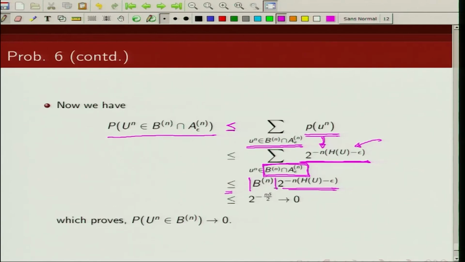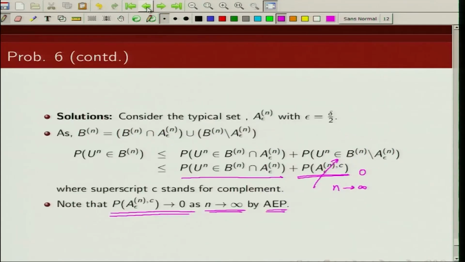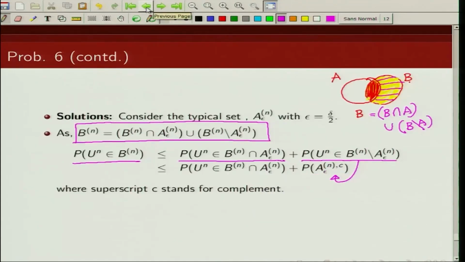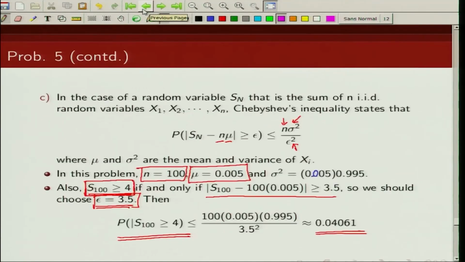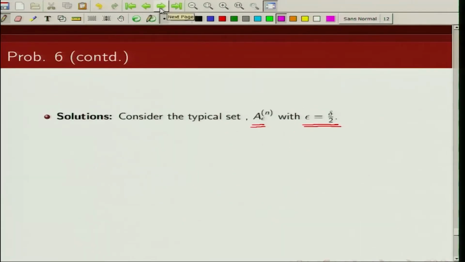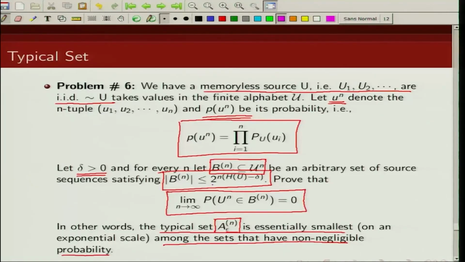So this would be the cardinality of Bn multiplied by this. And what is Bn? Bn we just now saw is given by 2 raised to power n (h of u minus delta).